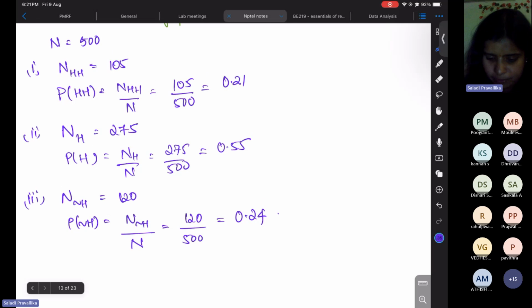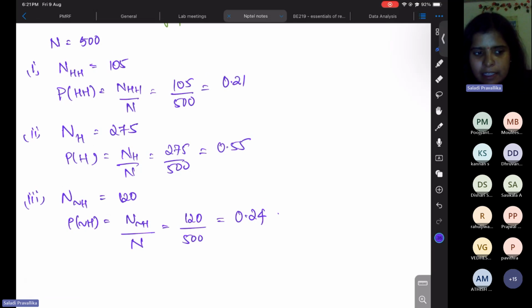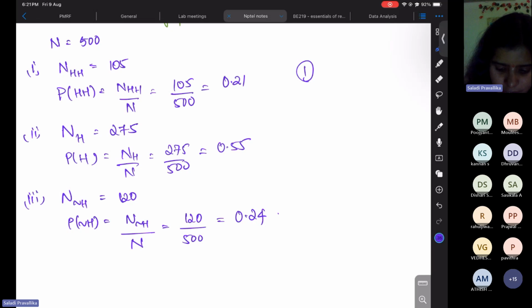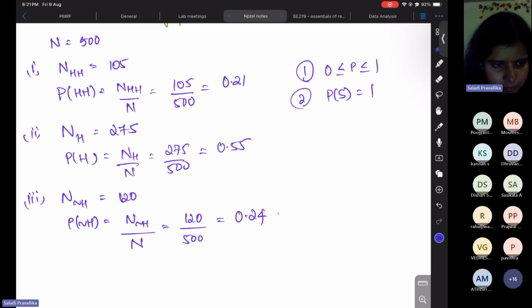So these all are okay. Initially, we were saying there are some probability conditions, right? What is the first one? First one is probability always lies between 0 and 1, and P of S is equal to 1, right? So now let us see. This is between 0 and 1, this is between 0 and 1, and this is also between 0 and 1. So condition 1 is fine.